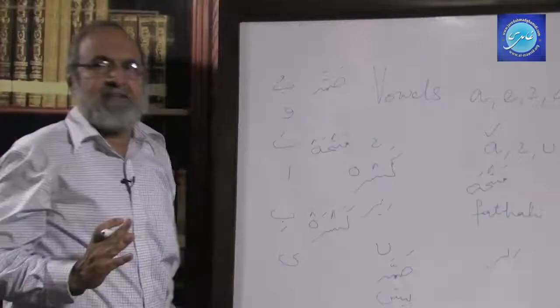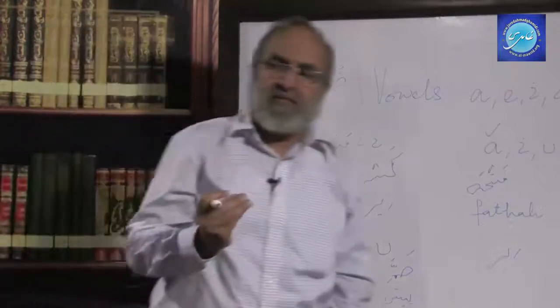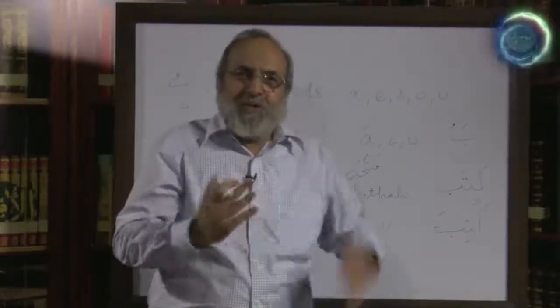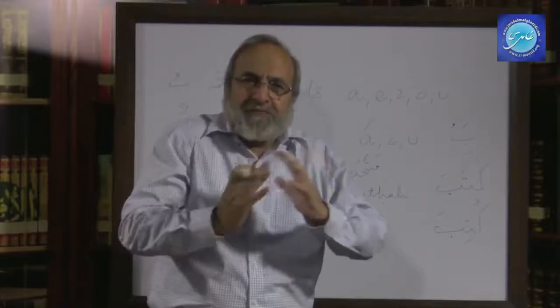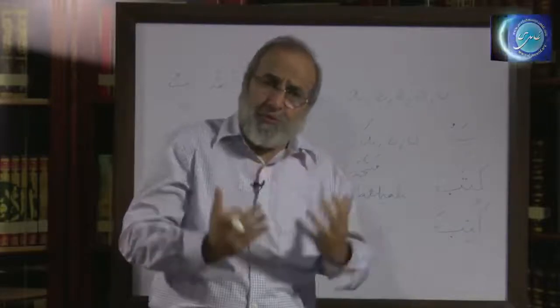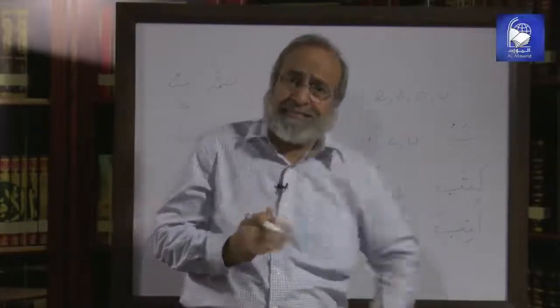You will always have in Arabic words a vowel appearing with one of these three letters, but only the one which is in close association with it as far as its sound is concerned.